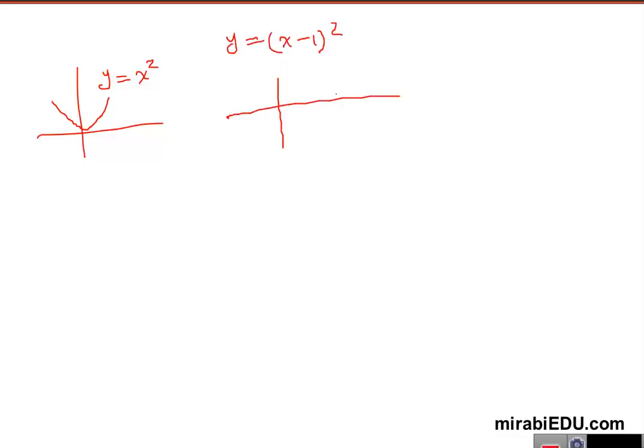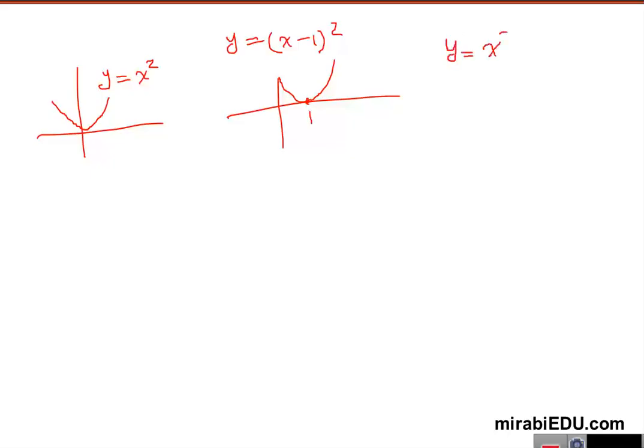If we have a parabola, a base case which is y equals x squared, which is a quadratic function, and we want to translate it 1 unit to the right, the equation will be like this, and the graph will be like this. Translating upward or downward works similarly.